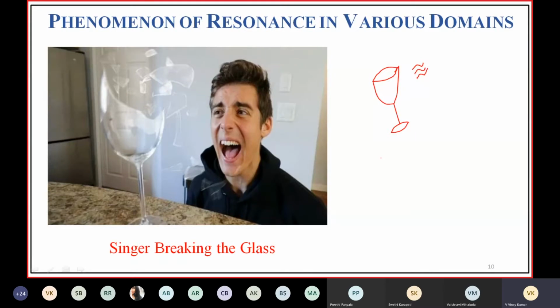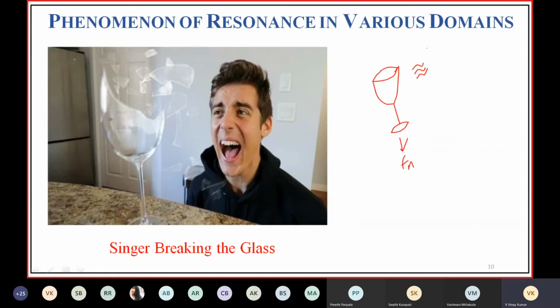Every object has its own natural frequency. So this glass also has a natural frequency. If you produce sound waves near this glass, this glass starts vibrating. At one particular frequency, this glass breaks.